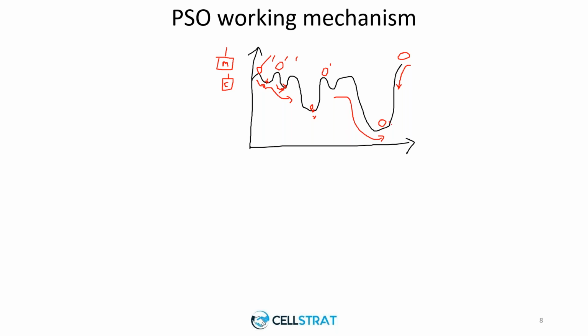So this is known as the global best, let's say G best. And the movement made by these individuals, if they find something slightly deeper compared to their previous positions, that would be your personal best or individual best.